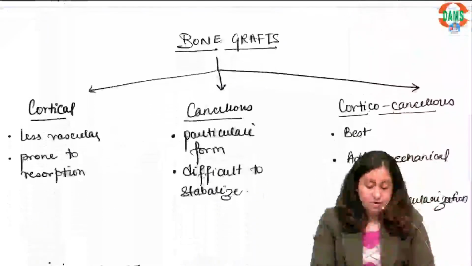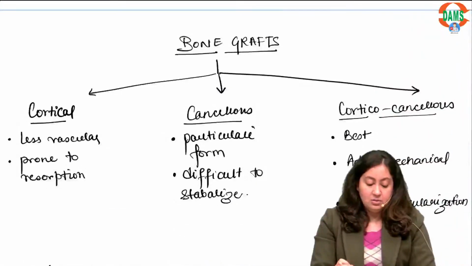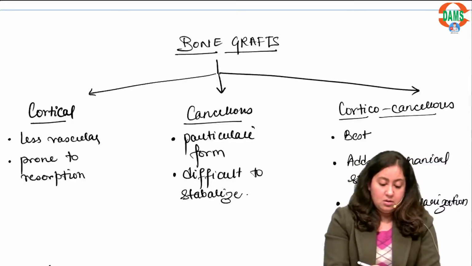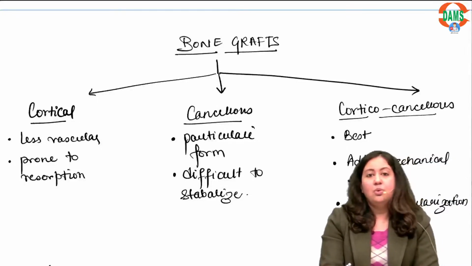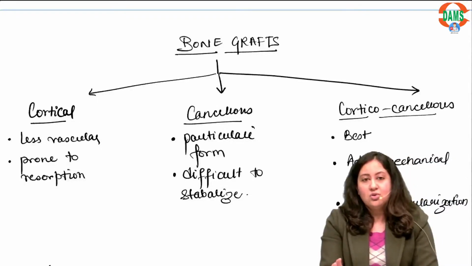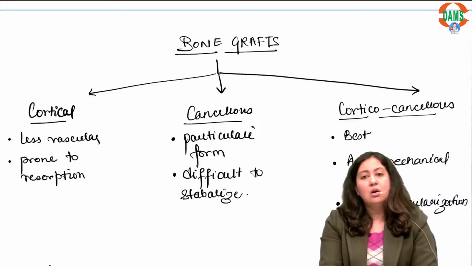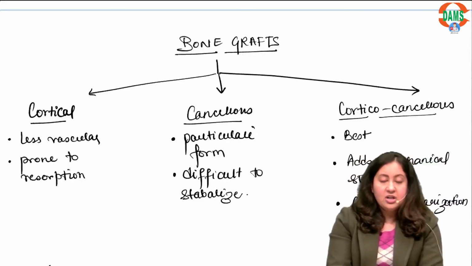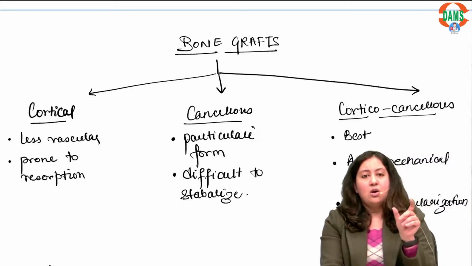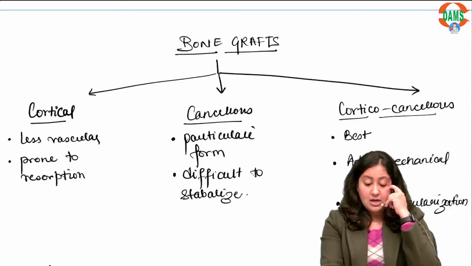Now coming to our bone grafts. When we are using autogenous bone grafts, the bone graft can be either cortical, cancellous or corticocancellous. Cortical is where you just take the cortices.